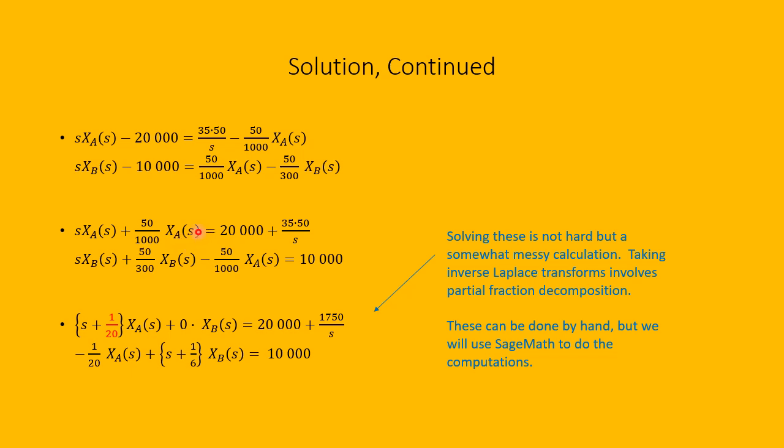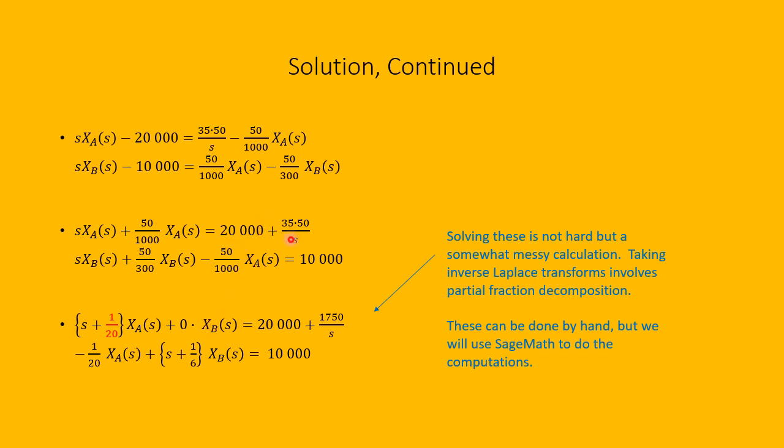So this first equation we can write as S plus 50 over 1,000, that quantity, times X sub A of S. And that becomes S plus 1/20th X sub A of S. 50 over 1,000 is just 1/20th. Okay, plus, there's no X sub B of S term here, so I'm going to include it as 0 times X sub B of S.